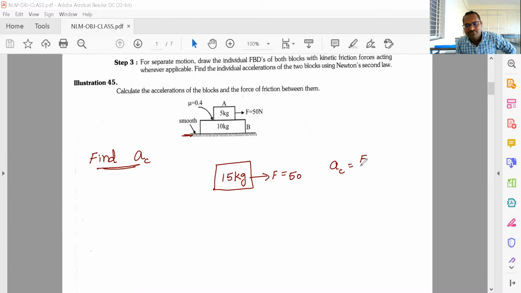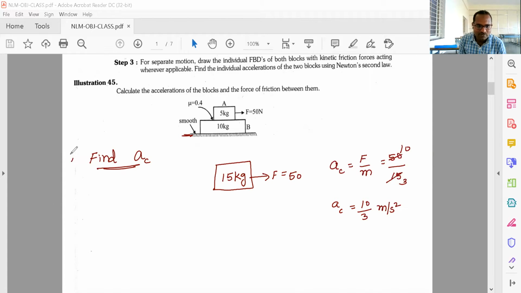Acceleration is nothing but applied force divided by mass. Applied force is 50 newtons and mass is 15 kg. Clear? 5 3s are 15, 5 10s are 50. With an acceleration of 10/3 meter per second square, they will move, 3.33 we can say. So this is the common acceleration they will move.